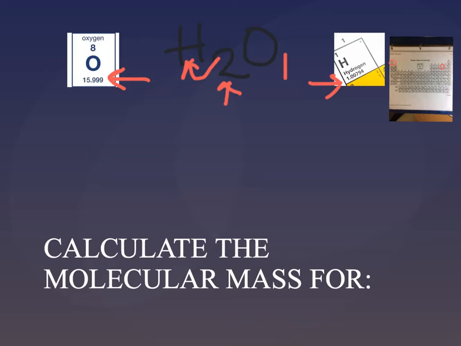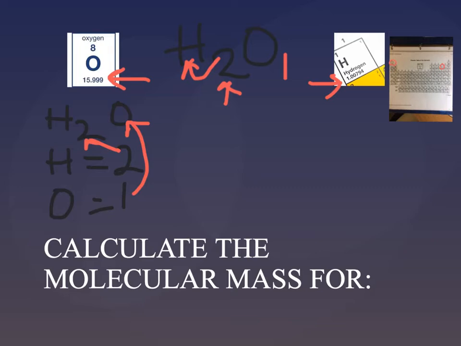By this time, you will always need your calculator on hand to do all these mathematical operations. I will write the formula, which is H2O. And now I write, for hydrogen, I have 2 atoms, remember, this subscript. And for oxygen, I have 1 atom, which is this one.